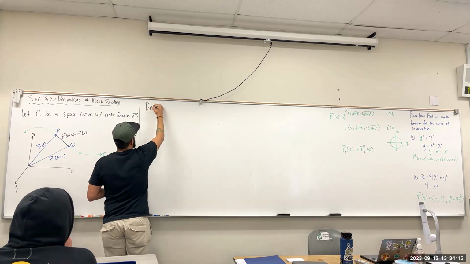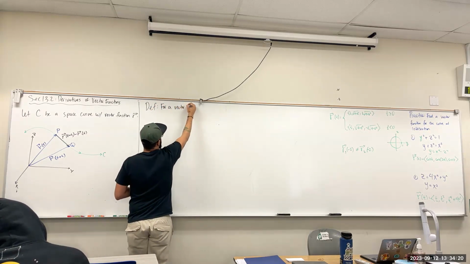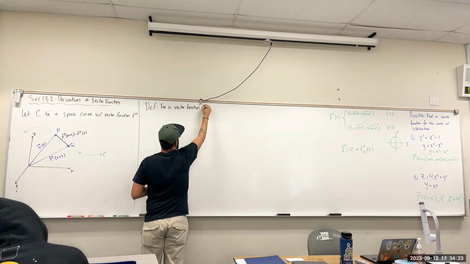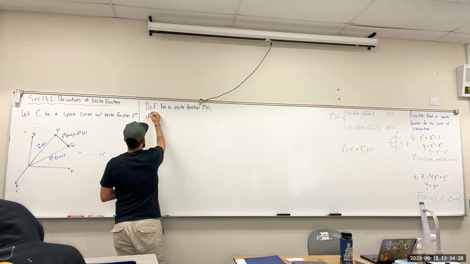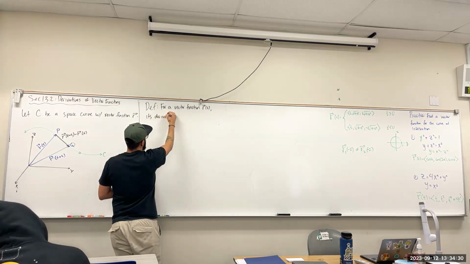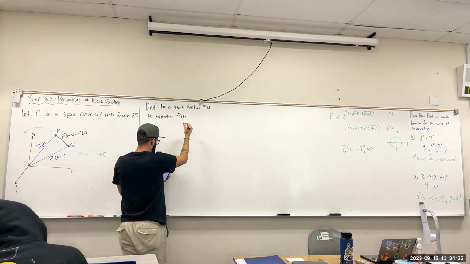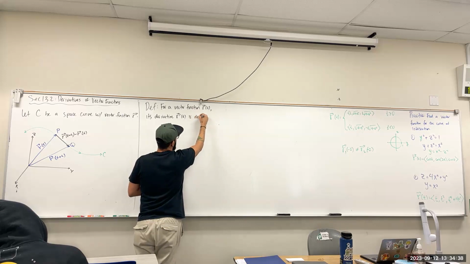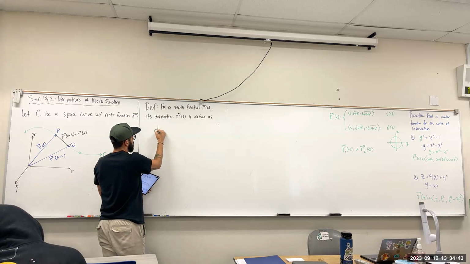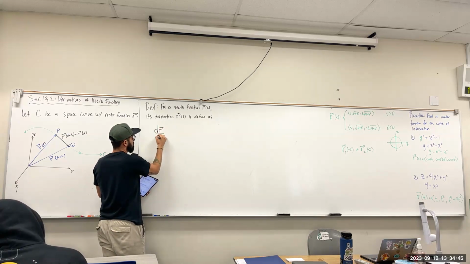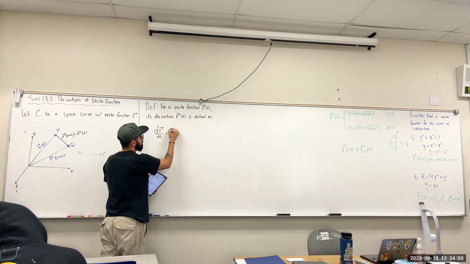So we're going to say, for a vector function r of t, its derivative r prime of t is defined as, using similar notation, dr dt, as you did in Calc 1, which in prime notation looks like this.